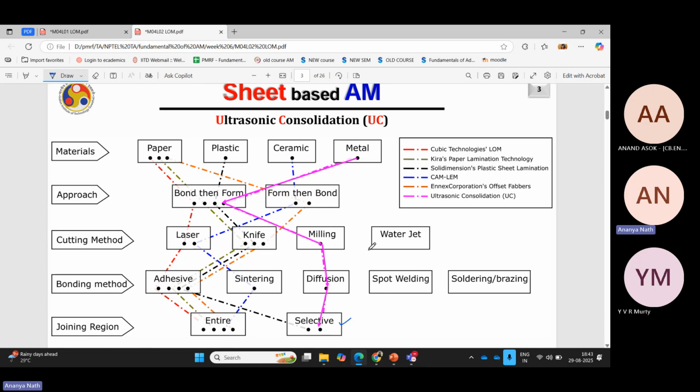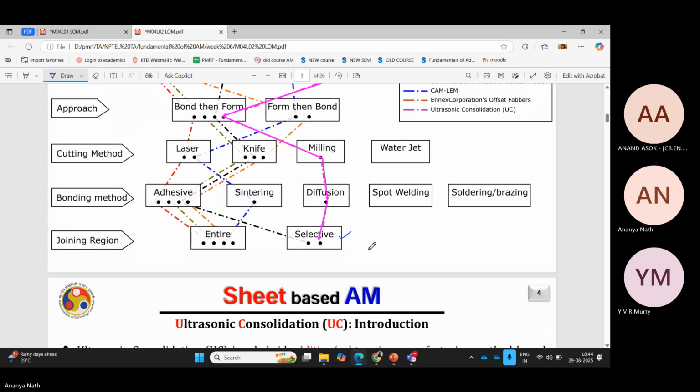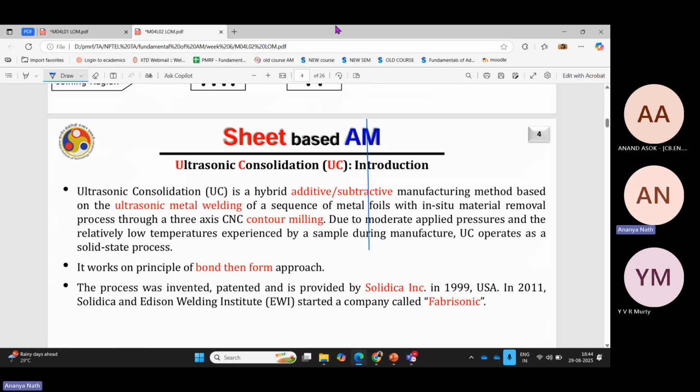And as it's ultrasonic waves or ultrasonic pressure, that's why the bonding will be diffusion bonding. It will not be sintering. Obviously, you are not putting any conventional heat and pressure. Adhesive is not possible for metal. Welding we are not doing. Soldering we are not doing. So it's the diffusion bonding. You can remember it like that.